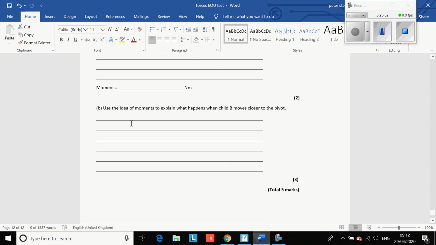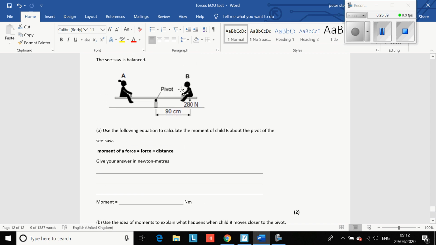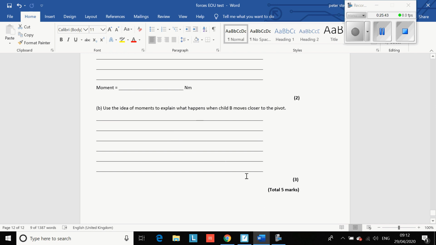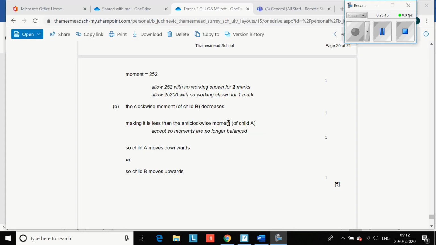Okay, so part B, use the idea of moments to explain what happens when child B moves close to the pivot. So they move close to the pivot, what is going to happen? Now, 3 marks available here. So the clockwise moment of child B decreases, making it less than the anti-clockwise moment of child A. So child A moves down or child B moves up.